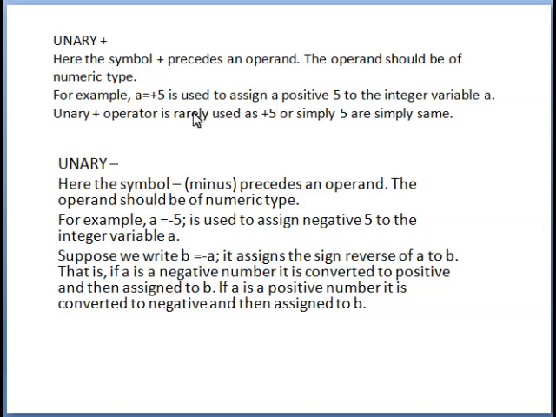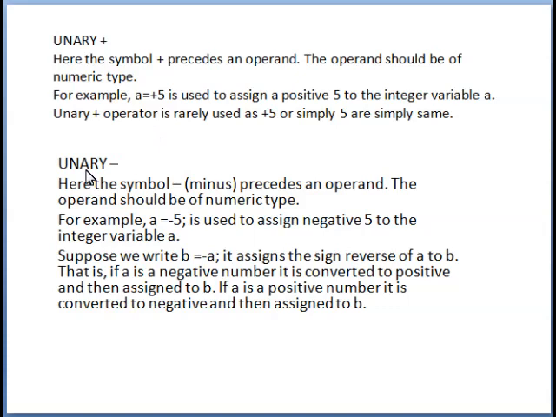Okay, so this variable a is holding a positive value. Unary plus operator is rarely used. In mathematics also, if it is a positive number, there is no need to put this plus symbol. So we will assign positive numeric values simply as 5.